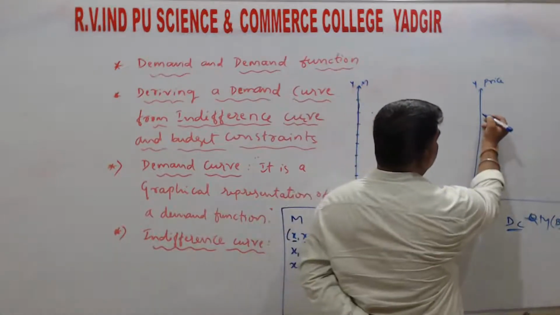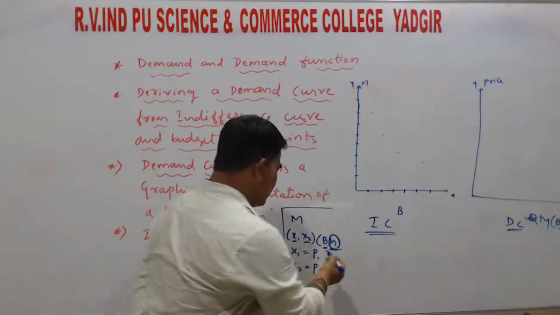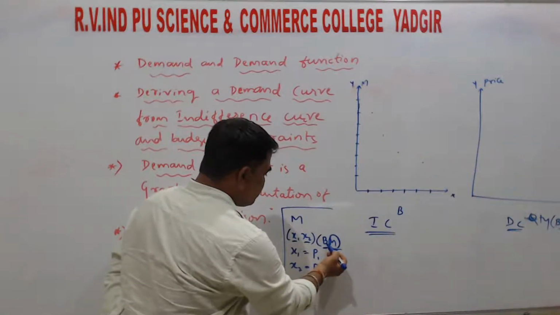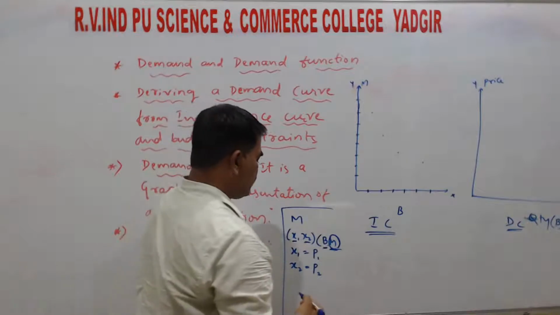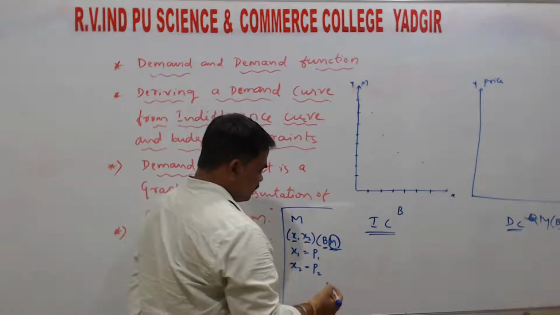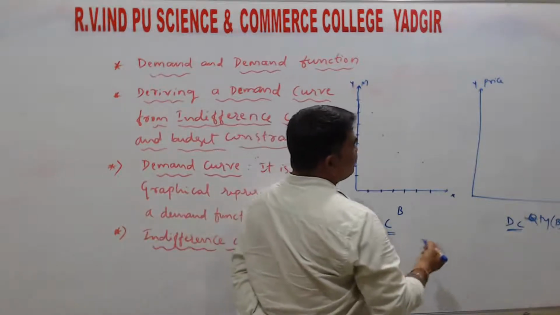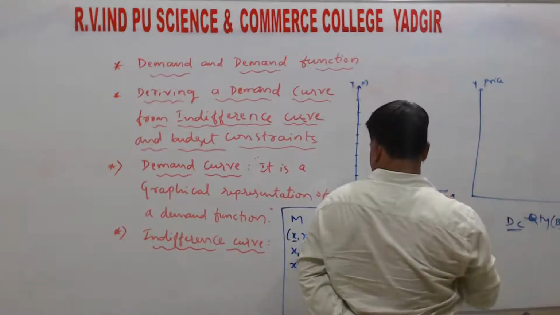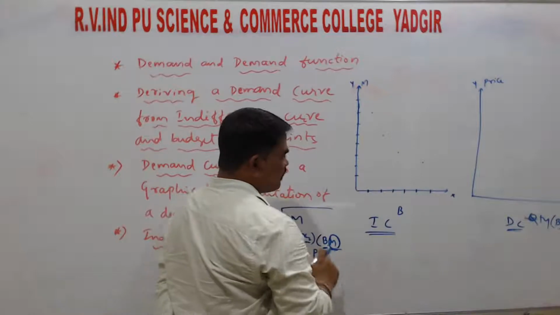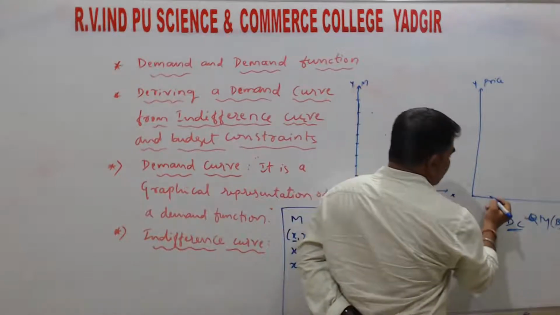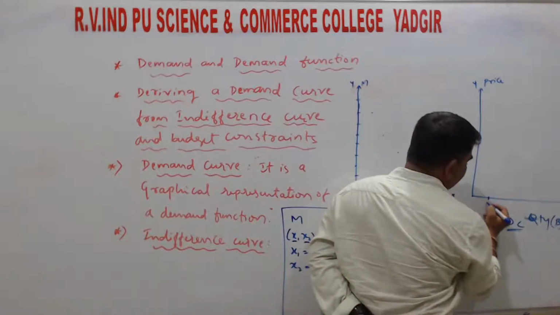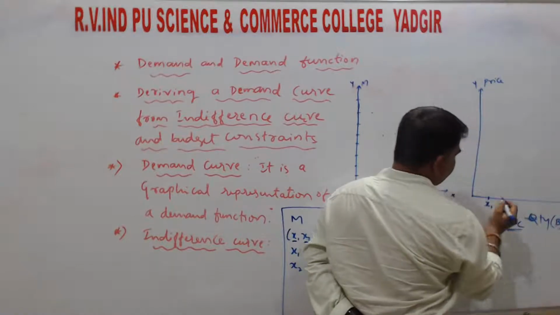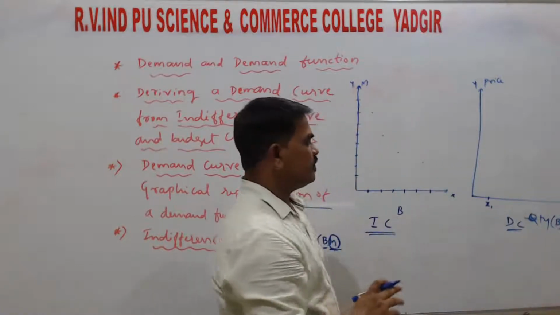Now, suppose the price of the banana is P. How can you mention it? I will mention it as P1. So, if the price of the banana is P1, the quantity is X1. You will mention it as X1, correct?